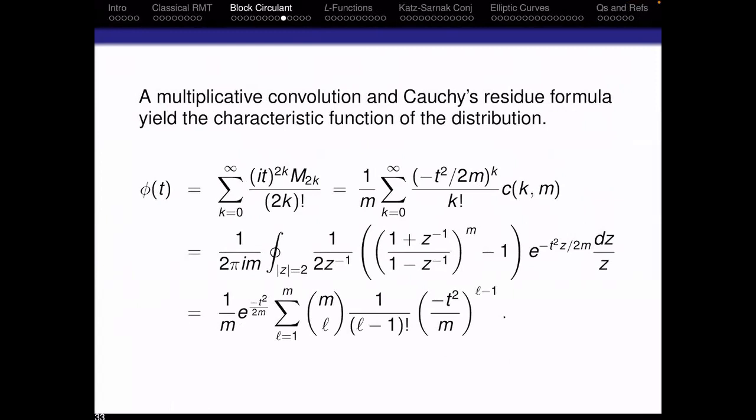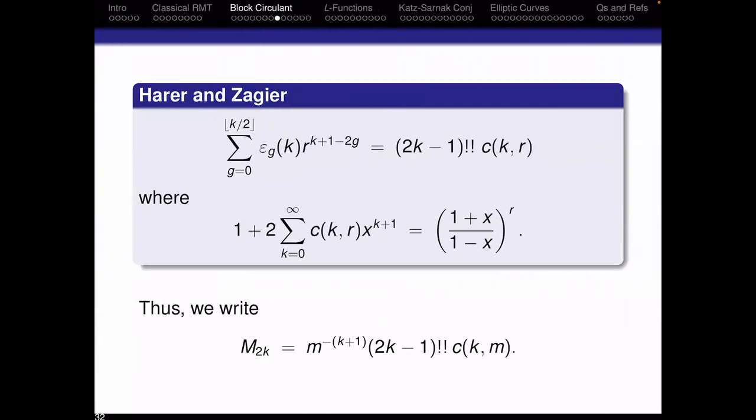That's great for convergence. So as long as the c_{k,m} are not growing too rapidly, we're in great shape. And so if you look at this, you just have to show that the c_{k,m} are not growing that rapidly, and you have no convergence issues. So it's a nice exercise. Try to get a sense of how large the c_{k,m} can be. All we need is some weak bound because we have a k factorial down below.